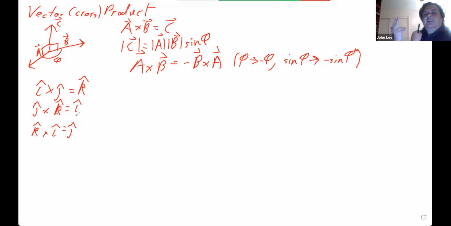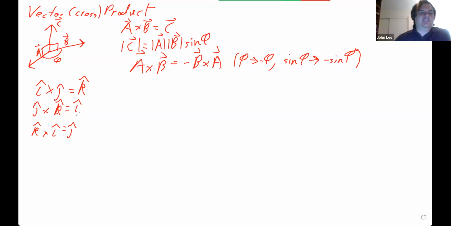And if you point up in the z-axis for A, and to the side in the x-axis for B, then your resultant vector C will be pointing into the y-axis. So basically, that's just how we define these things.